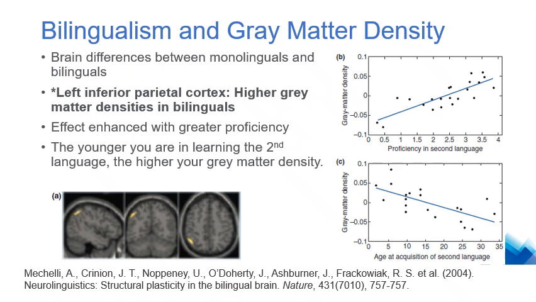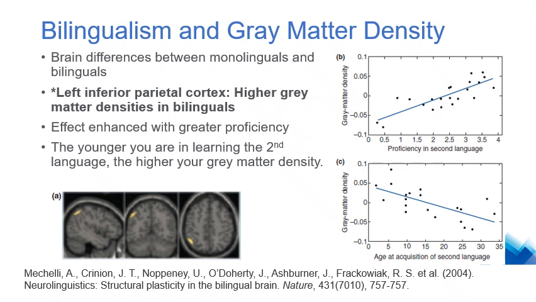So on this slide, we look at bilingualism and gray matter density. Interestingly, the left inferior parietal cortex shows higher gray matter densities in bilinguals. When you look at the correlational graph, you can see that proficiency in second language is positively correlated with gray matter density in this left inferior parietal cortex.